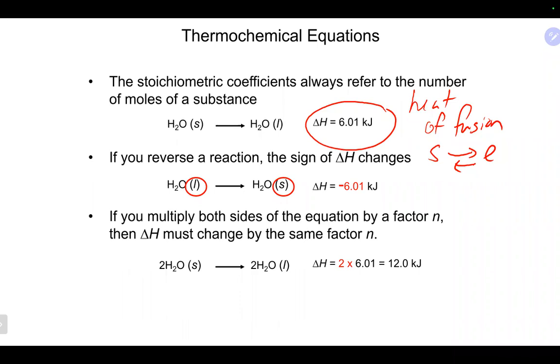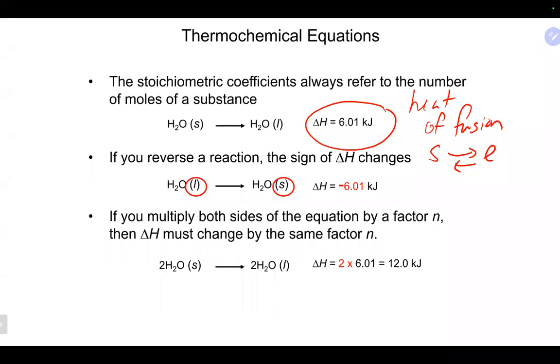So the take-home message here is there will be situations where you will have an equation that has a delta H value associated with it, and specifically Hess's law, which we're going to talk about next. You may need to reverse a reaction. Whenever you reverse a reaction, the delta H changes sign.